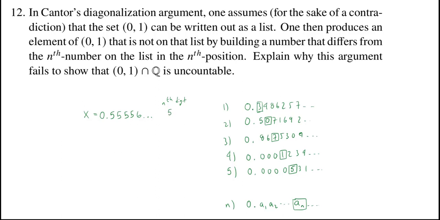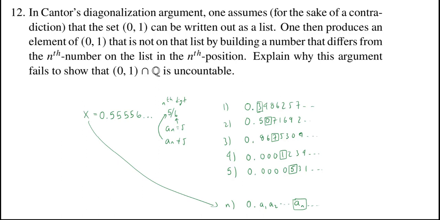So this is either a 5 or a 6, I'm not sure which, but if a_n is 5, then x will have a 6. If a_n is not 5, then I make it into a 5. So even though I'm claiming x is supposed to be the nth entry on the list, it's not the nth entry because it differs in the nth place.